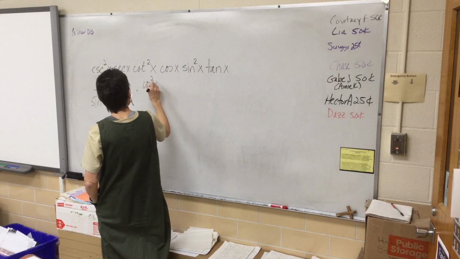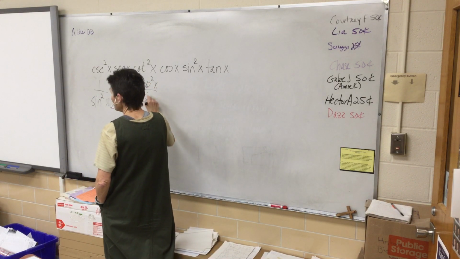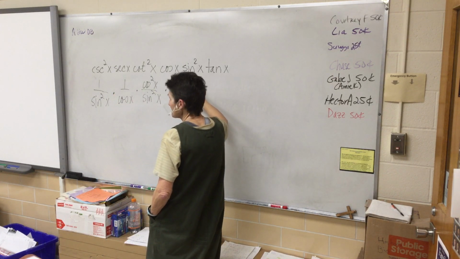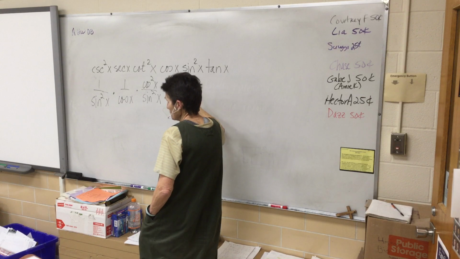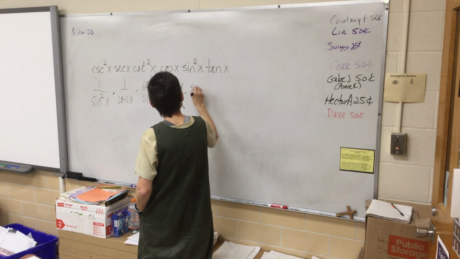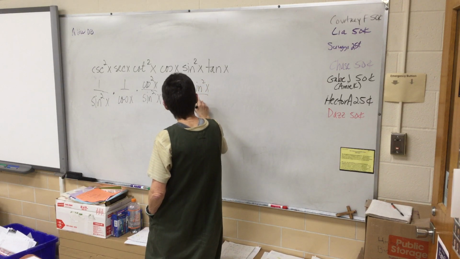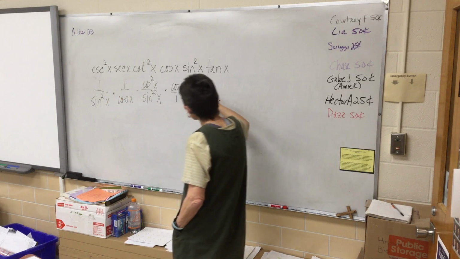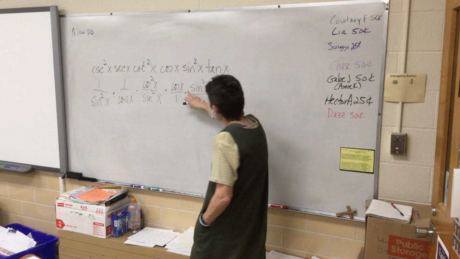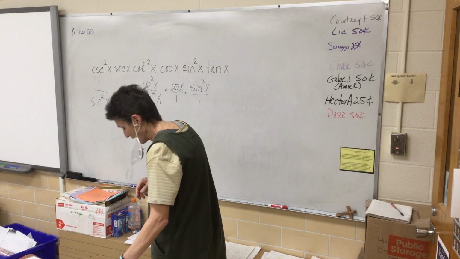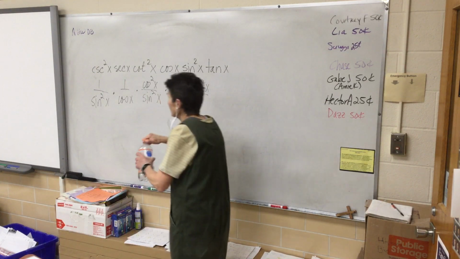So that's cosine squared over sine squared. Now when you have cosines and sines, you don't change those, they just stay the same. So cosine over 1 and sine squared over 1. I put them over 1 because everything here is a fraction, just to keep things lined up, but I don't rewrite them. Cosine and sine just stay cosine and sine.